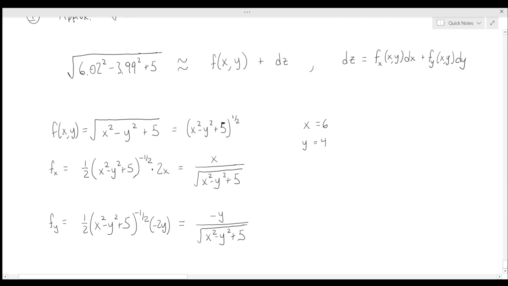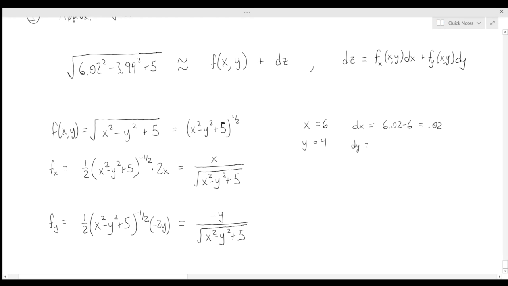Now we also need to figure out what dx and dy were. So dx is the difference between what we had originally in our expression for x and what we ended up rounding it to. So in this case, dx will be 6.02 minus 6, which should give me 0.02.